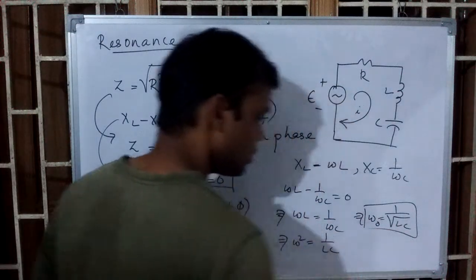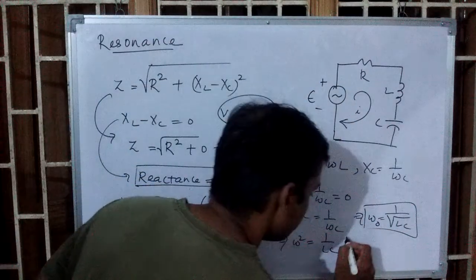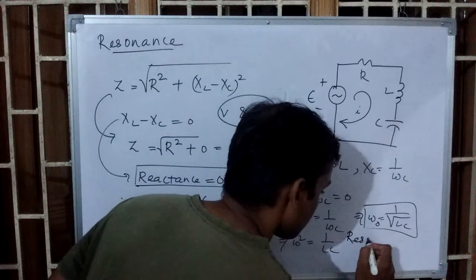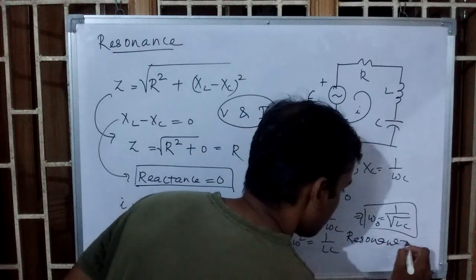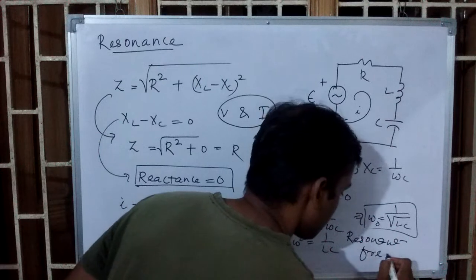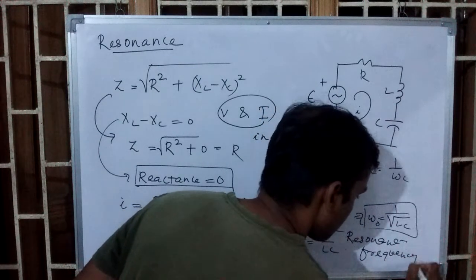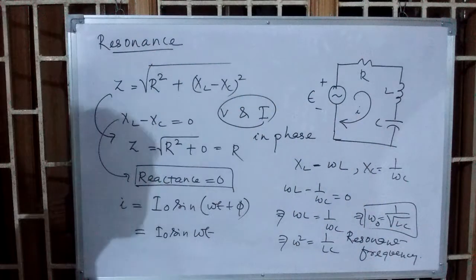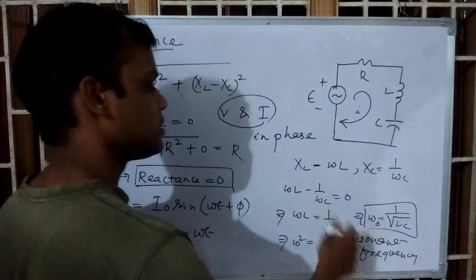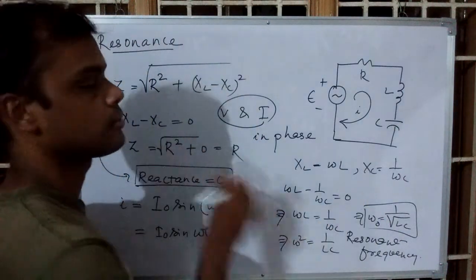This is called resonant frequency. This is the frequency at which the total reactance of the circuit becomes zero.